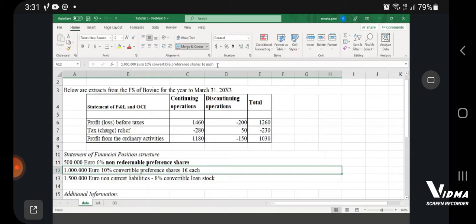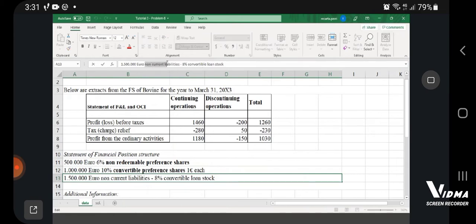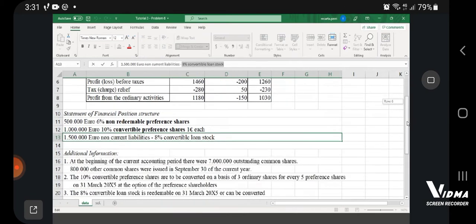The next item is an amount of convertible preference shares, €1 each. Here the key word is convertible. And then the last item is non-current liabilities, which is loan stock, and we have some information over there.